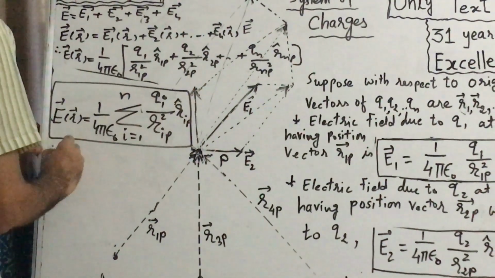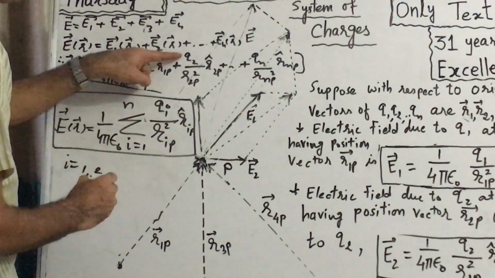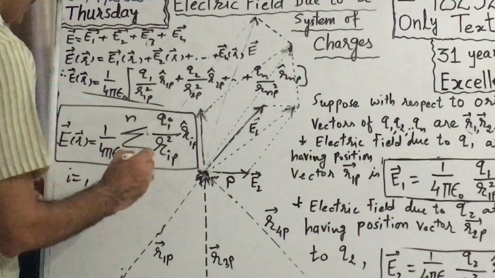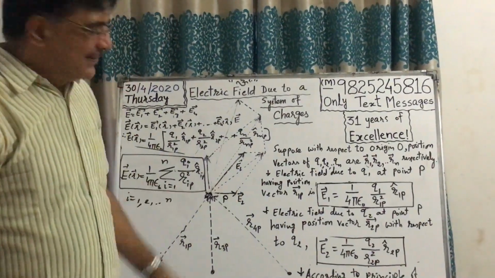If I put i equals 1, I get this term. If I put i equals 2, I get this term, and so on up to i equals n. So prepare this. Bye.